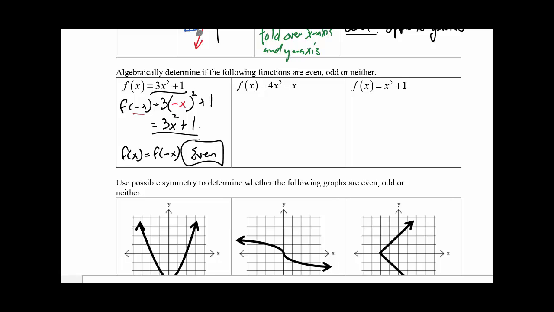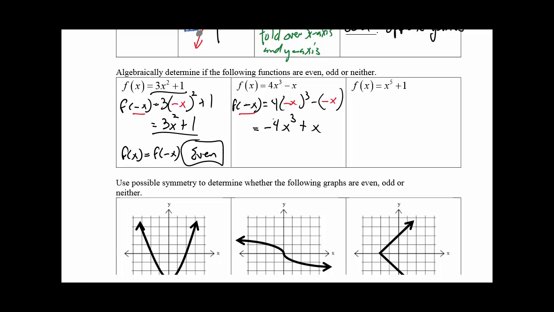All right, in the next example, same thing, we're going to do f of negative x and see what we get. So I want 4 times something cubed minus something. And what do I fill the hole with? With negative x. If you cube a negative, you actually get a negative as a result. So negative 4x cubed plus, because two negatives make a plus, plus x.